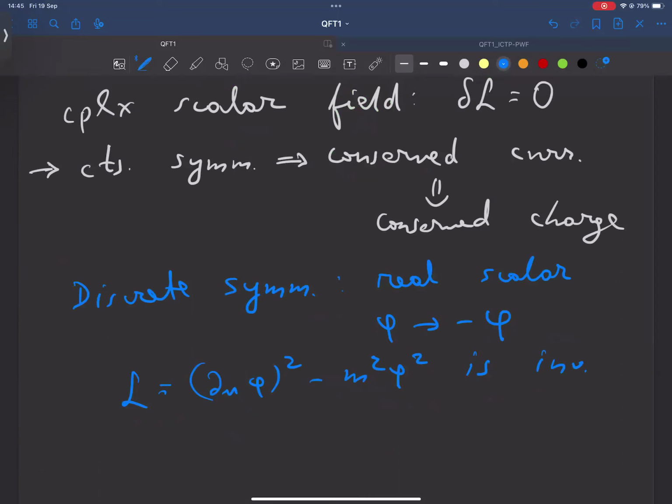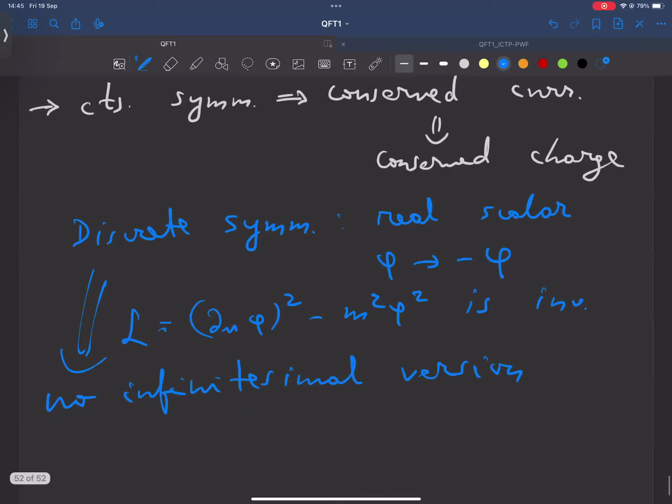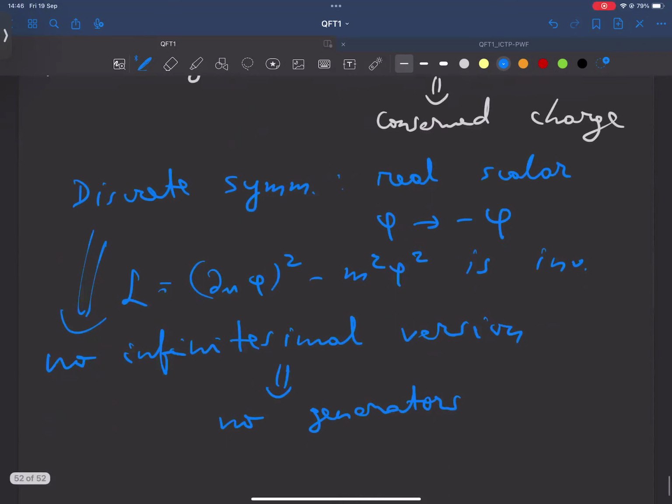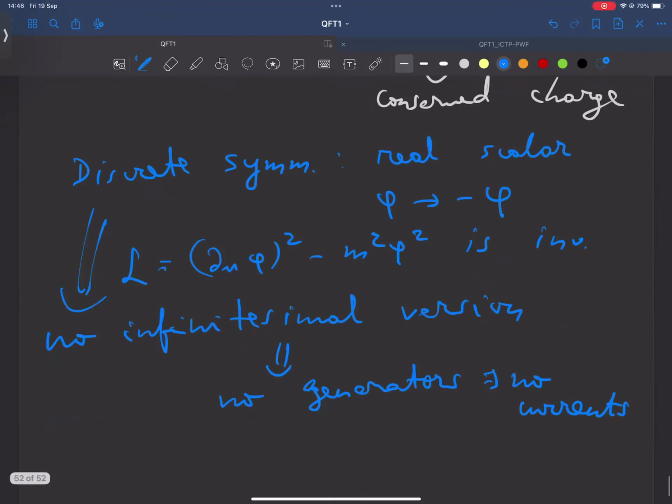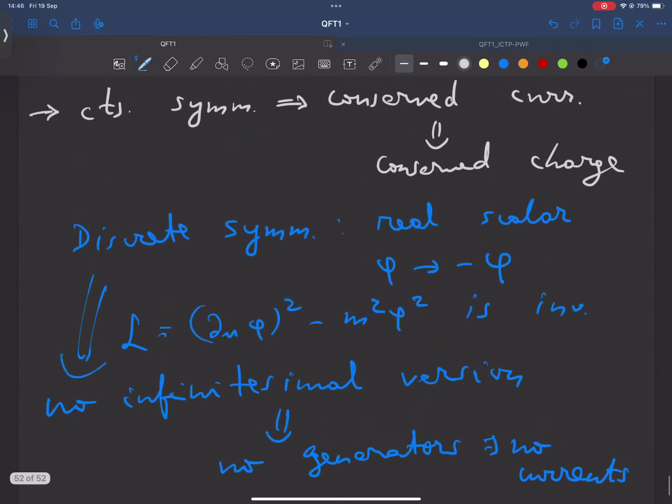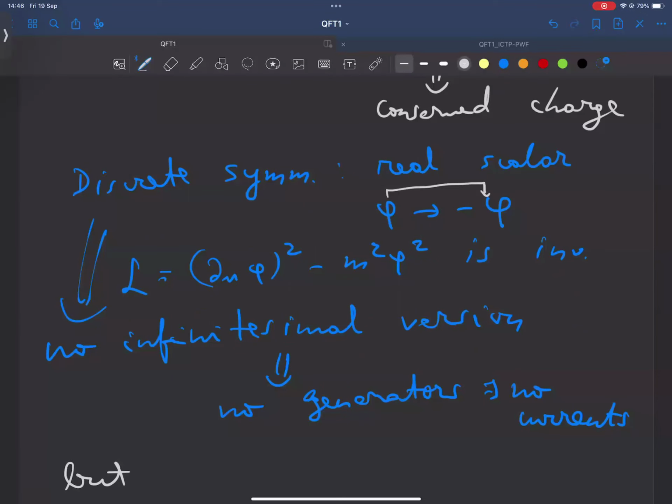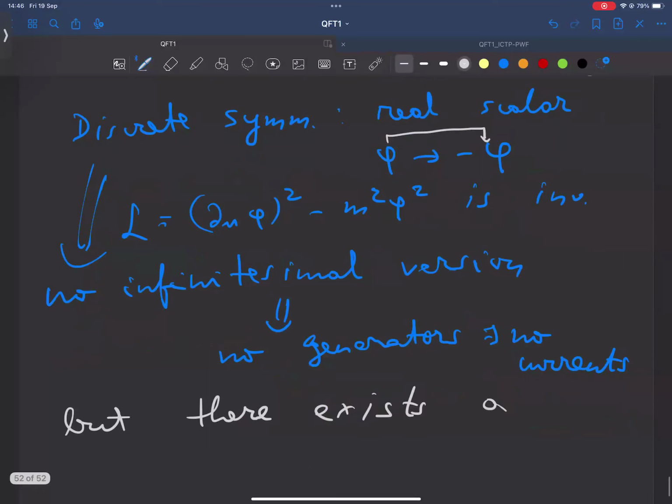Because this is discrete, there is no infinitesimal version of this. No infinitesimal version means no generators from the Lie algebra point of view that we have been seeing many times by now. So that implies no currents. However, there still is a charge. Because of the symmetry, there still exists a conserved charge.